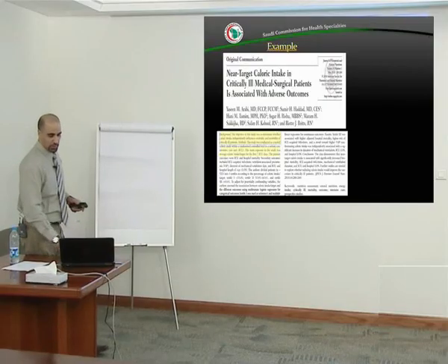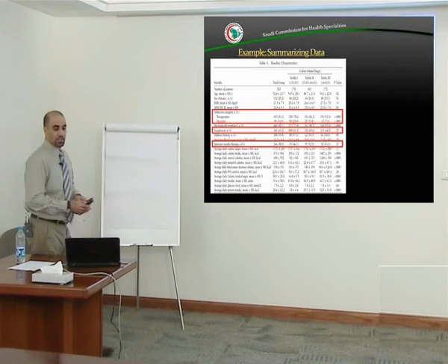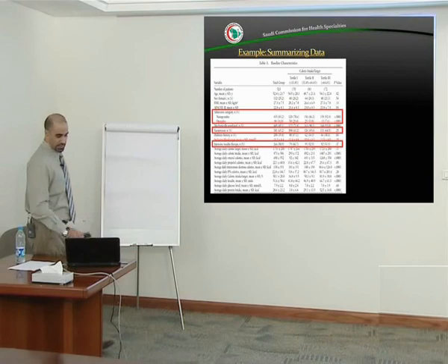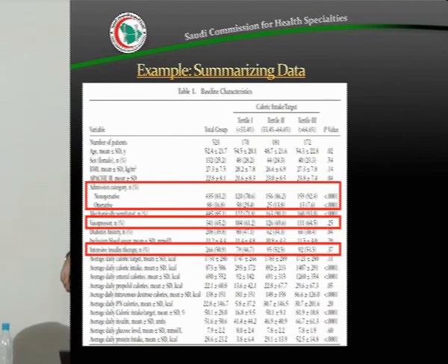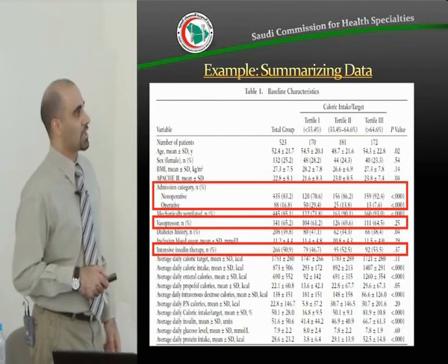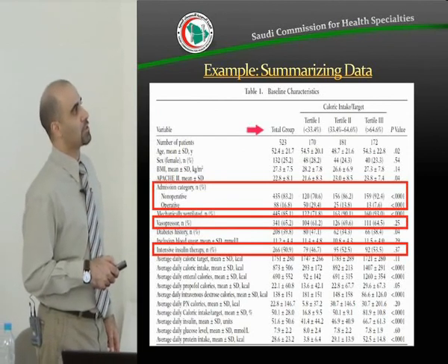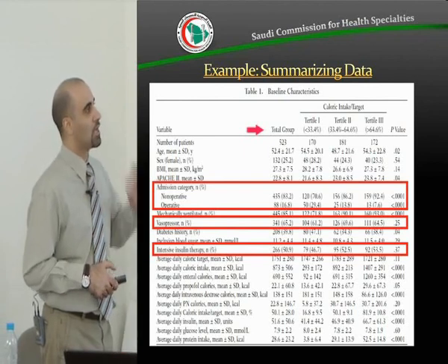But let us go to the results. In this case, if I'm talking about admission category, I divided the caloric intake into tertile 1, 2, and 3. So I divided the people into three categories based on their caloric intake: less than 33.4%, 33 to 64%, and more than 64%.